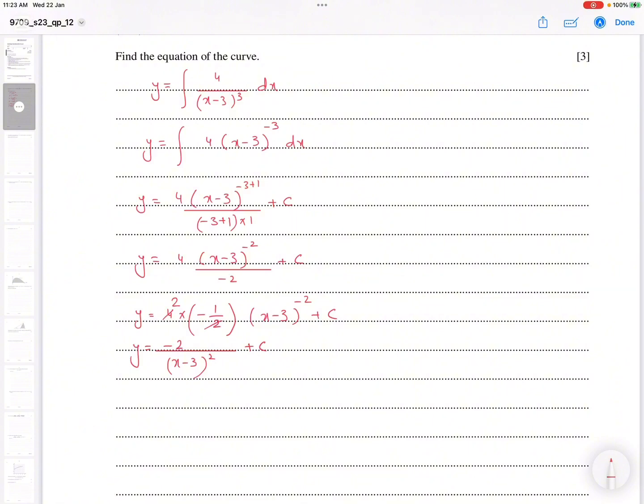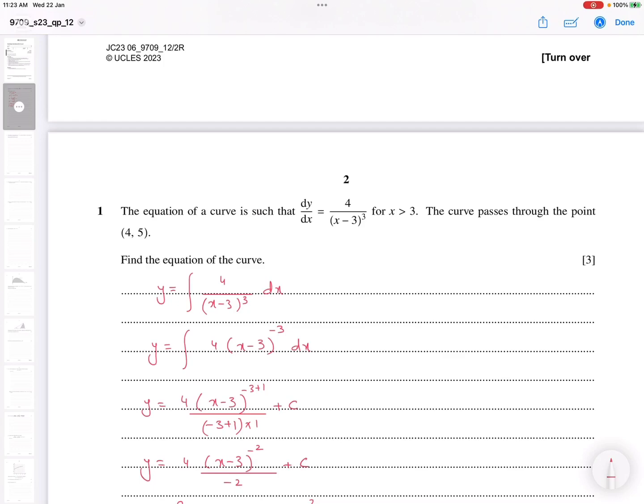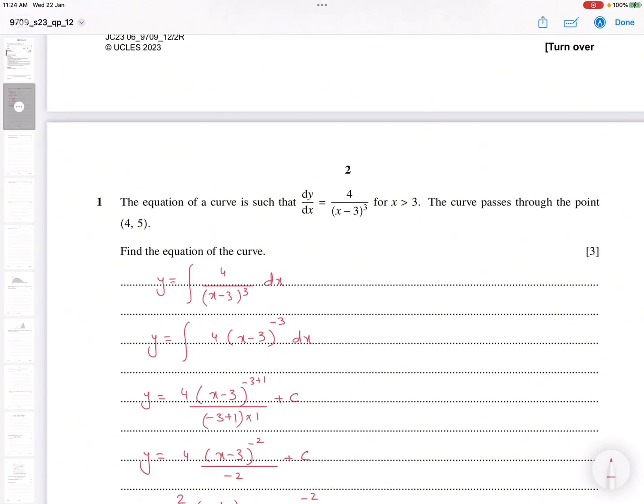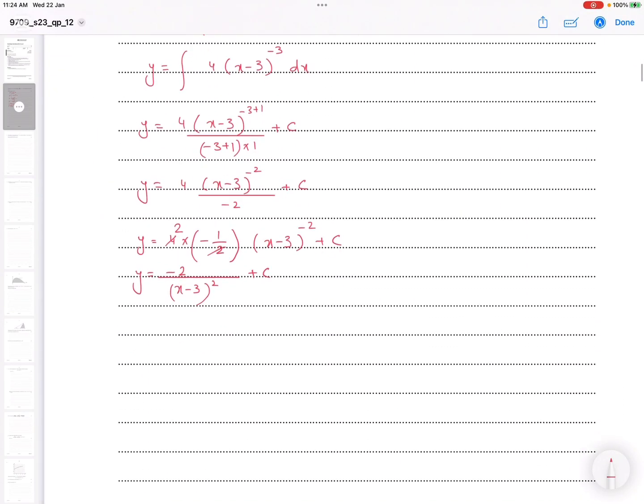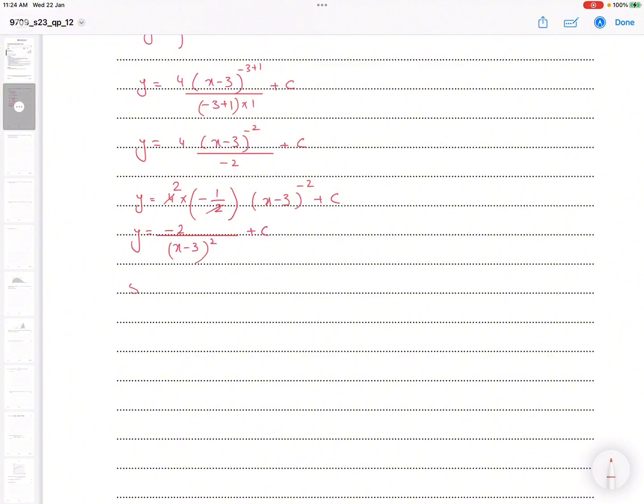Now we have to find the value of c. He has given us the coordinates through which the curve is passing, (4, 5). So 5 in y and 4 in x. Simplify it: 5 equals minus 2 over 1 plus c.